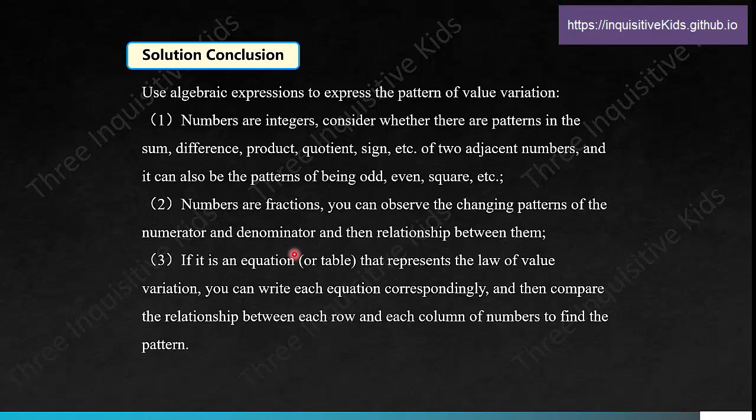You can observe the changing patterns of the numerator and denominator, and then the relationship between them. And 3. If it is an equation or table that represents the law of value variation, you can write each equation correspondingly, and then compare the relationship between each row and the column of the numbers to find the pattern. So, drawing the table and then comparing the columns of the numbers and the rows.